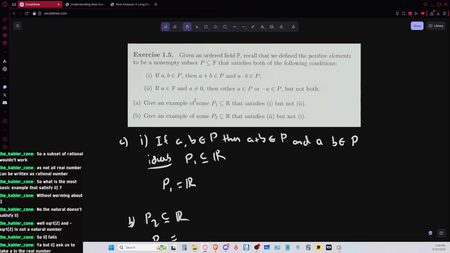That's why the natural numbers don't work, because it works for 2, but it also works for 1, and that's the thing we don't want. For the rational numbers, it includes both the negative and the positive numbers. So that doesn't work because it doesn't fulfill 2 in that case.